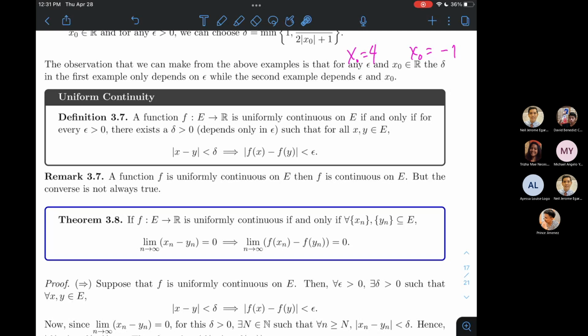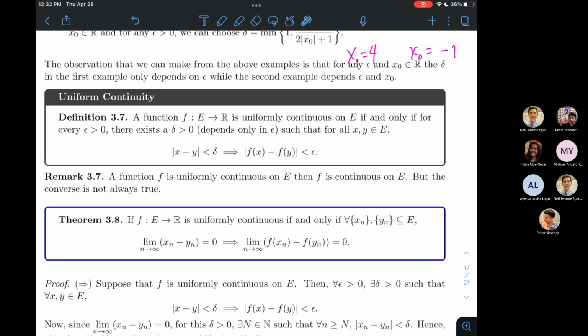Okay? So ibig sabihin, uniformly continuous ang isang function sa isang set E kapag yung dalawang members ni E ay arbitrarily close to each other, then their function values will be arbitrarily close to each other as well.